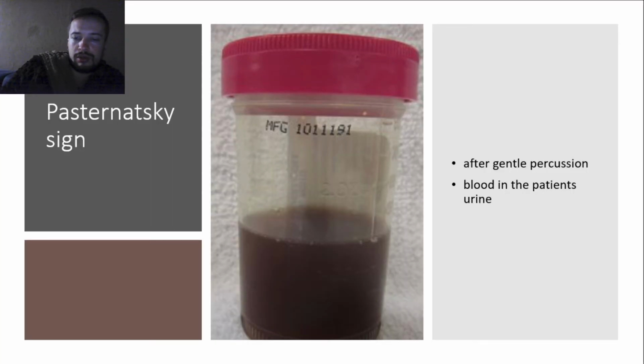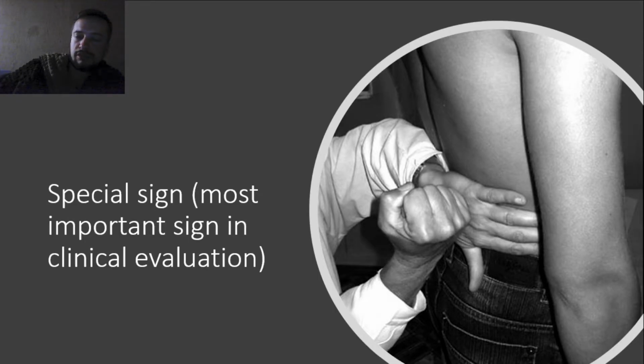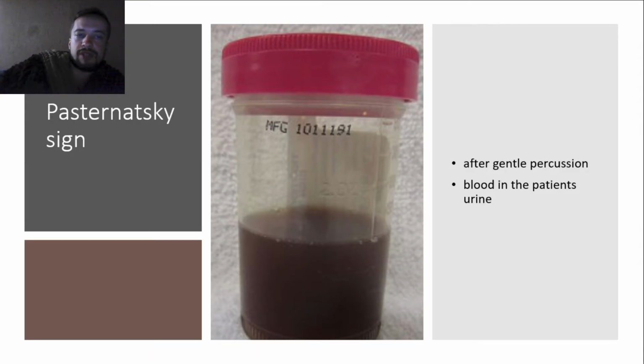Okay, Pasternatsky sign. Oh no, this symptom is not Pasternatsky's symptom, because there we just hit the patient. We call it hit symptom, hit sign. And Pasternatsky's sign is a variation of the hit sign, a special sign where after gentle percussion of the costovertebral angle you can find blood in the patient's urine. This sign indicates nephrolithiasis.